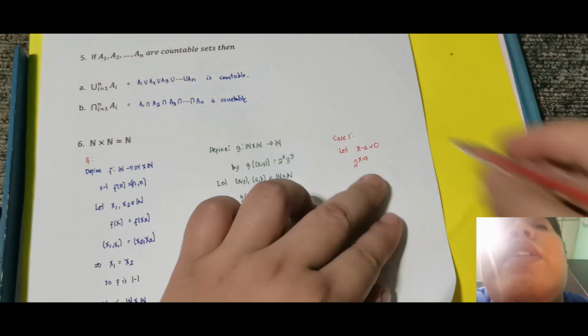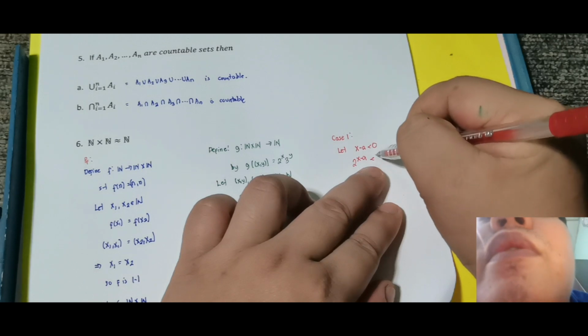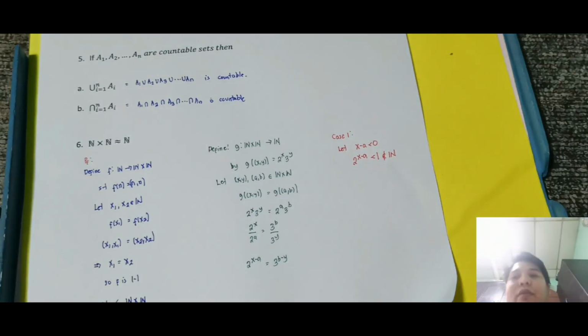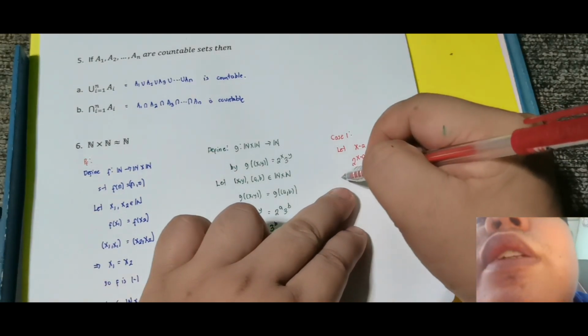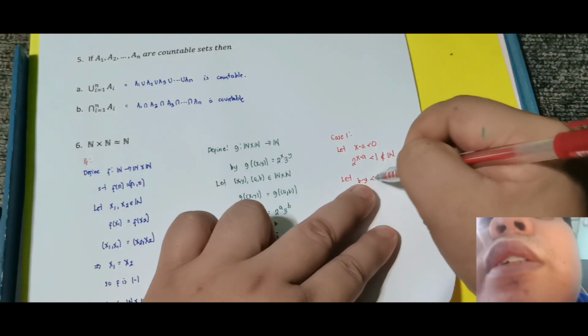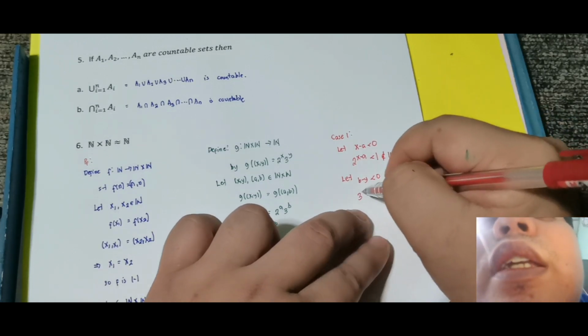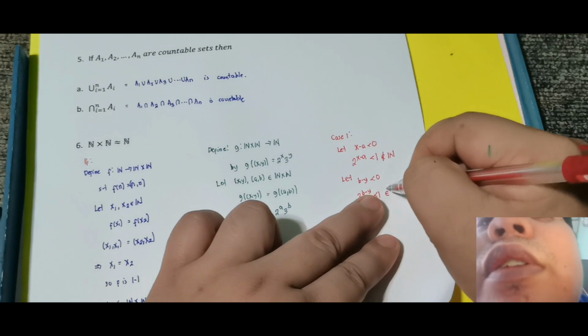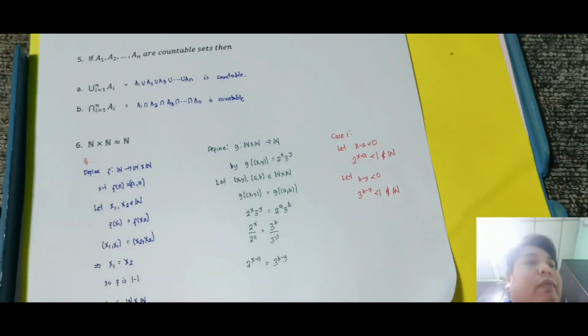So, automatic, yung 2 raised to X minus A is less than 1, which is not an element of natural number. Tama? So, automatic. Another case, kung ulit din natin na si B minus Y is less than 0, same din. Si 3 raised to B minus Y is less than 1, which is not also an element of natural number. Kaya yun nangyari.